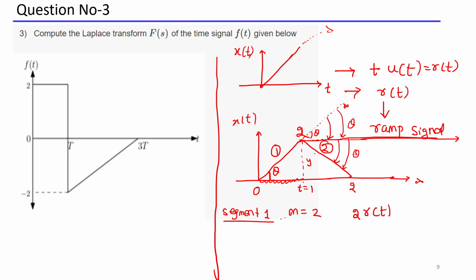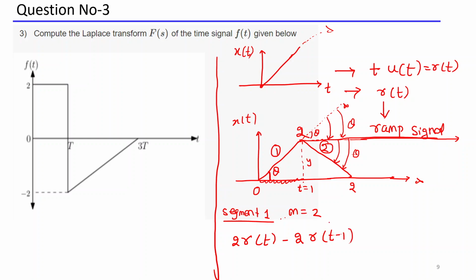Okay, so first of all write that equation here. So here you have written for the first segment, this is the equation of the line, 2 into r of t. Now at t equal to 1, with the same slope it is falling back, so I'm writing the same slope 2, and at which point? This is r of t minus 1.